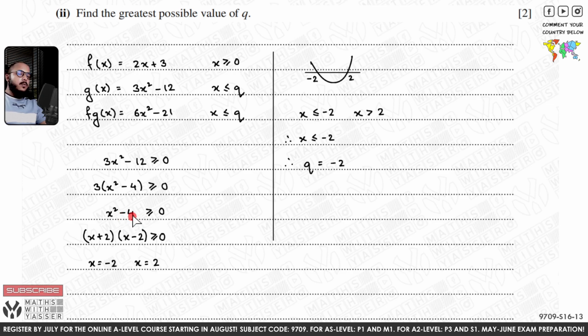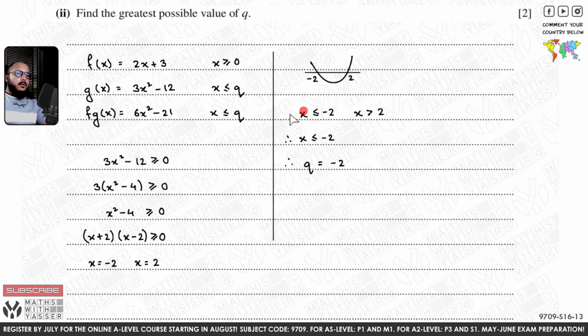Since 4 is a square number, it will be (x plus 2)(x minus 2) greater than or equal to 0. Therefore, the critical values are x equals negative 2 and x equals positive 2. Now with the help of the number line, it will be a U shape because the quadratic is positive.